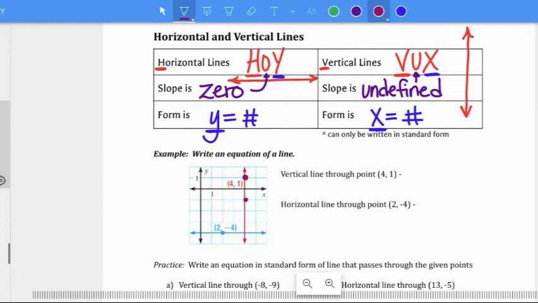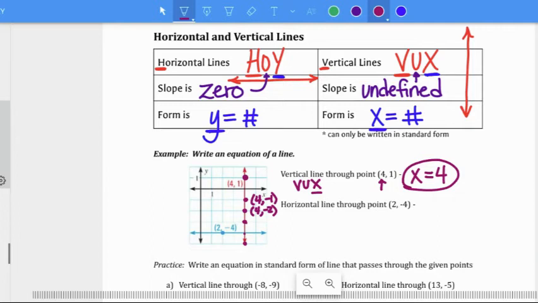So think about all these other points where the x stays constant, right? This is (4, -1). This is (4, -2). The x is staying constant. So for a vertical line, if I think of VUX, that's the x, and I just write x equals whatever the x coordinate is in my point, which is 4. And that, very simply, is the equation of the vertical line.